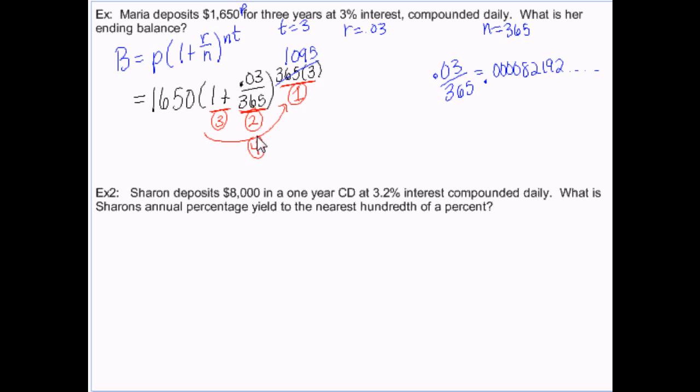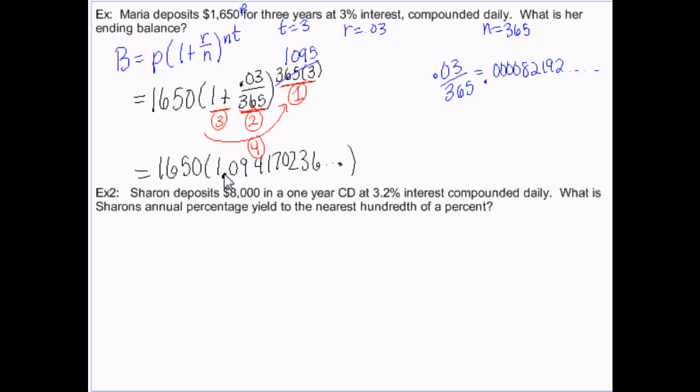And now I have 1650 times 1.0941702336, whatever. But I don't clear that out. I just go ahead and hit times 1650.